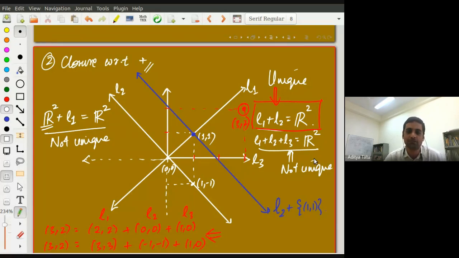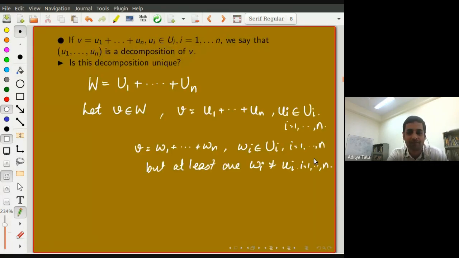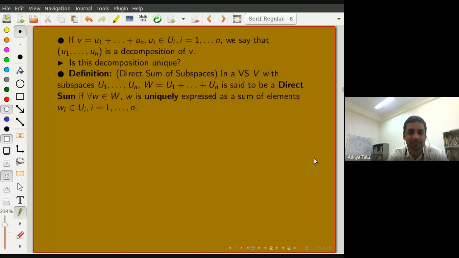In Fourier series, you need infinitely many terms. Here, you don't need infinitely many terms. Right. So, under what situation is the decomposition unique?